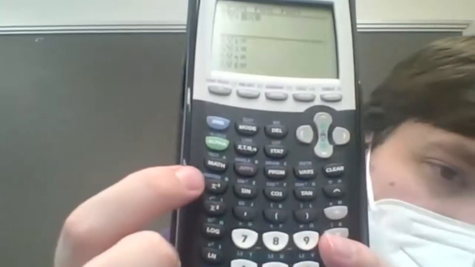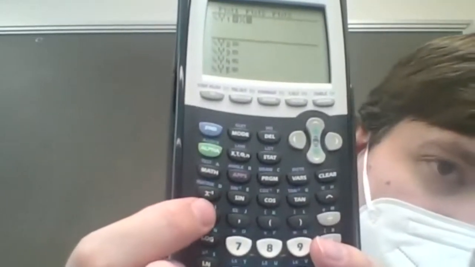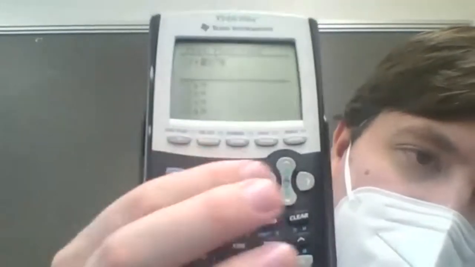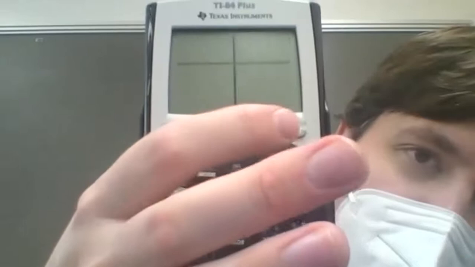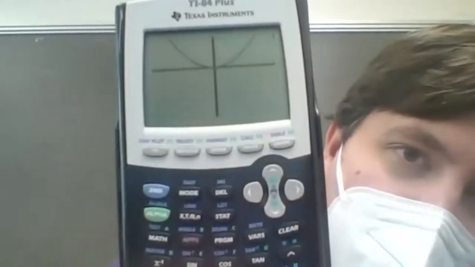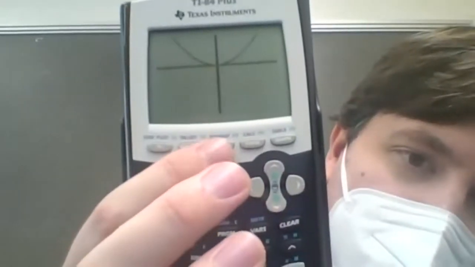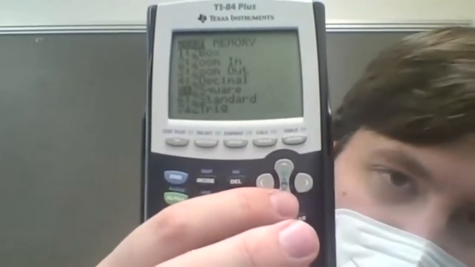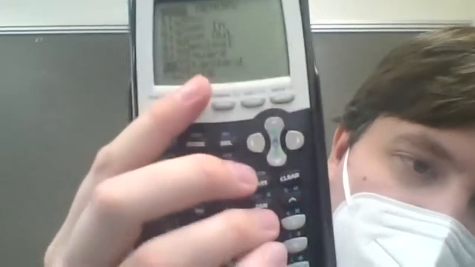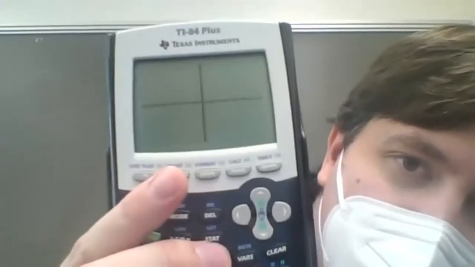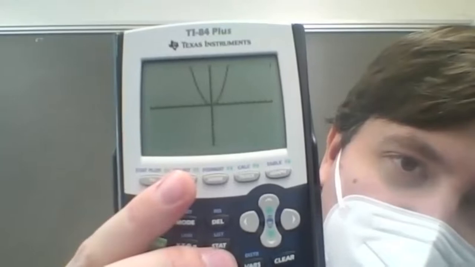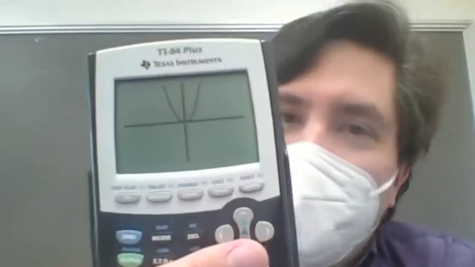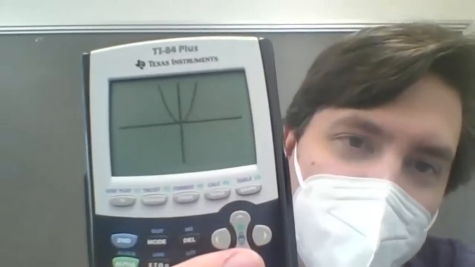Your squared key is this one right here. So there's x squared. And then if you push the graph button, you'll get a very lovely parabola. Let's hit zoom. And then if we arrow down to option 6, we can choose zoom standard and we press enter. And that'll just make it look a little less stretched out. But you got yourself kind of a garden variety parabola right there.